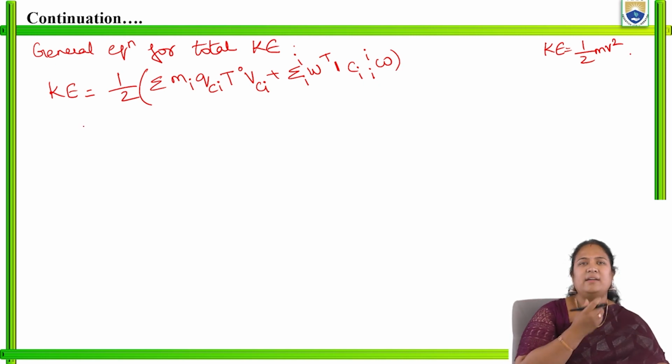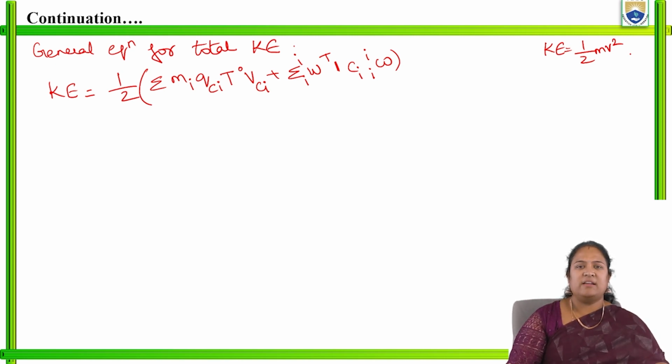This is how the kinetic energy equation is written using the Euler-Lagrange formulation.